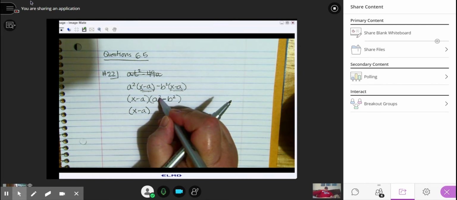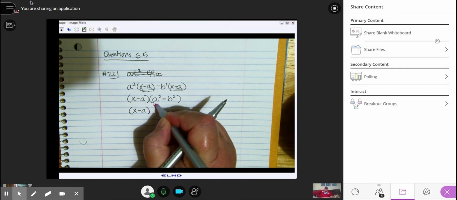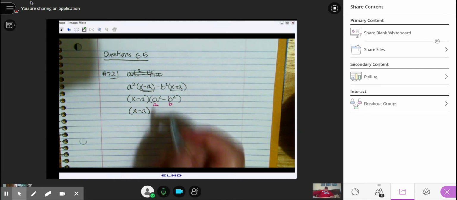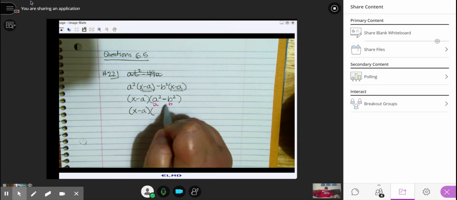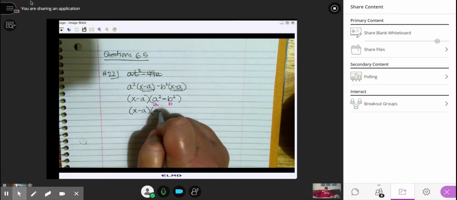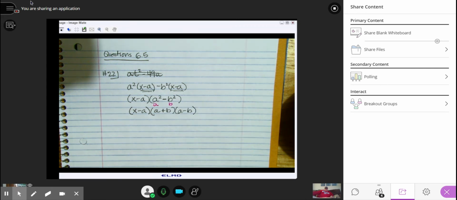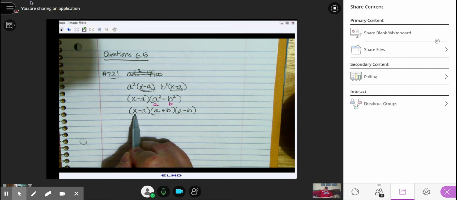The square root of A squared is A. The square root of B squared is B. The pattern here then factors into A plus B, A minus B. Now we're done.